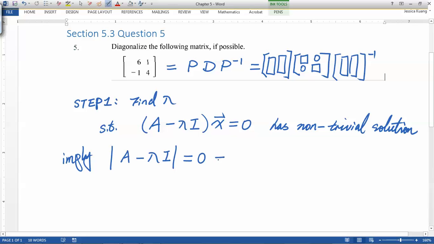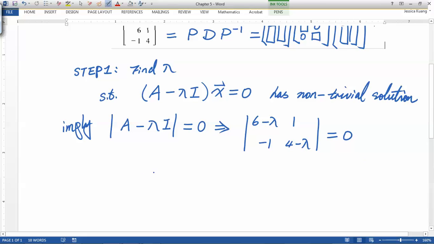Okay, so that will give us what we call the characteristic equation. So I want the determinant of 6 minus lambda, 1, negative 1, 4 minus lambda to equal 0. That means we need (6 minus lambda) times (4 minus lambda) plus 1 equals 0.